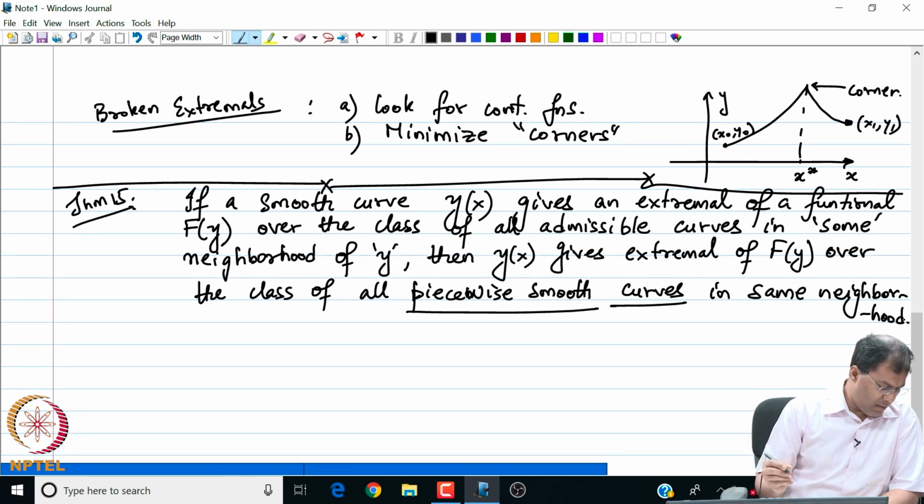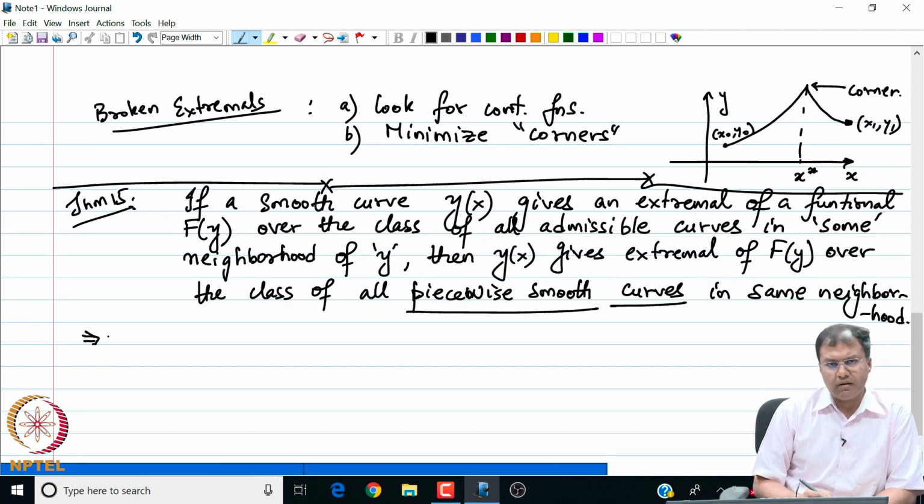Right, the same neighborhood, or in short, I can say that the necessary condition for extremals can be extended to the class of piecewise smooth curves.